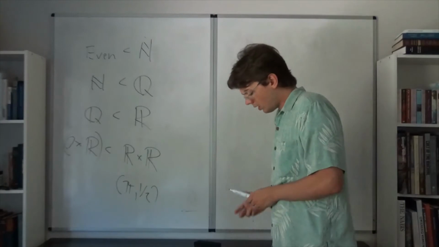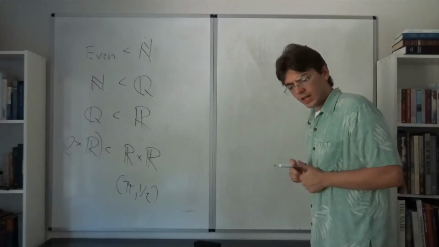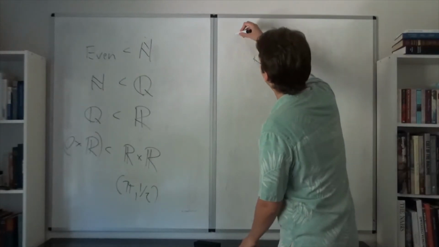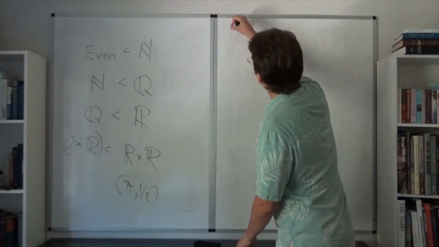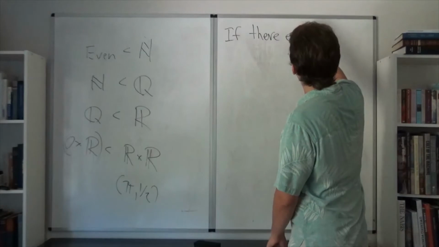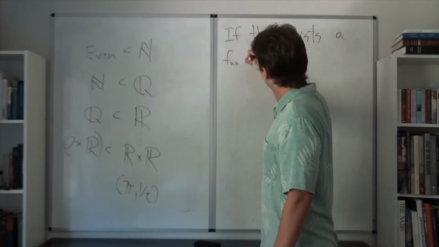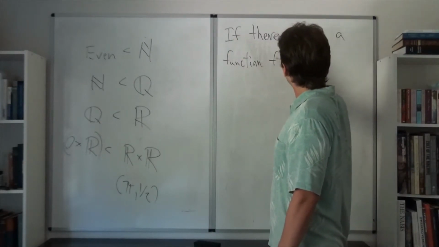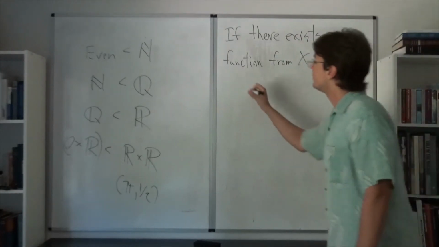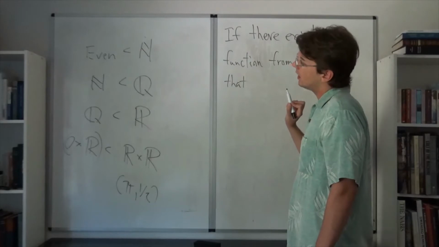Okay, so the idea that we're coming to is maybe we'll define things as having the same cardinality if, I guess what I'll say is, if there exists a function from x to y that, let's see, completely covers?